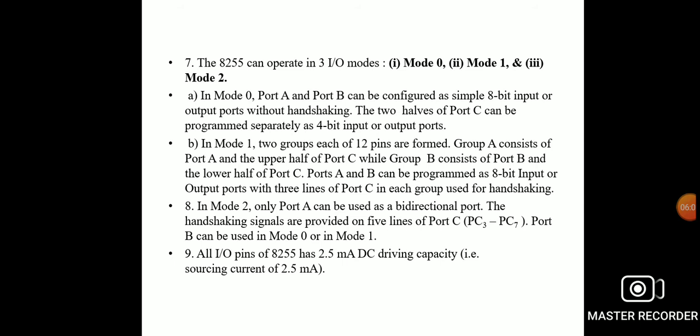In BSR mode, the 8 bits of port C can be set or reset depending on the data of the control word. The bit to be set or reset is selected by the select flag, that is, D3, D2, D1 of the control word.